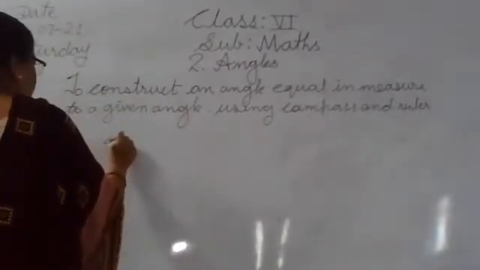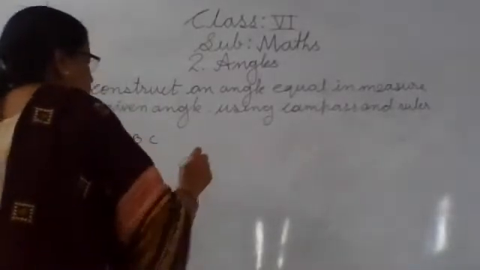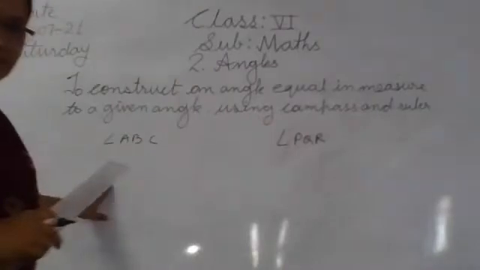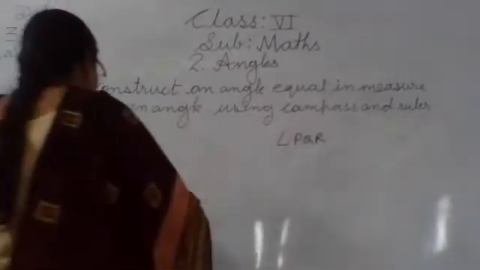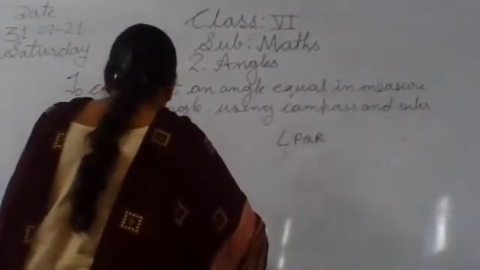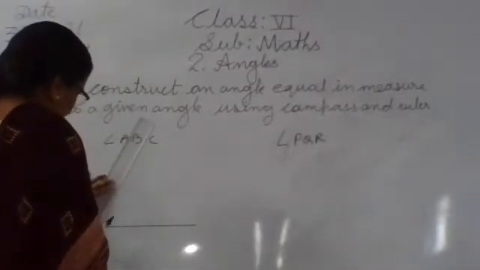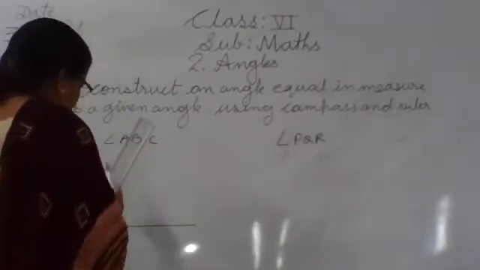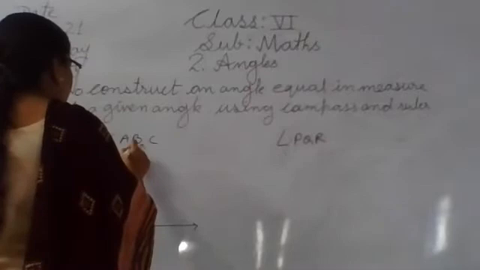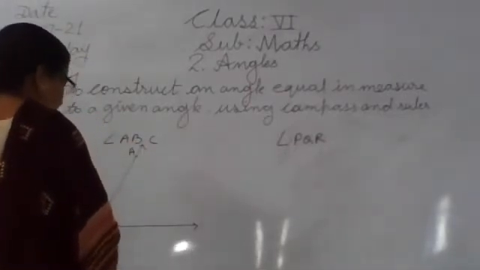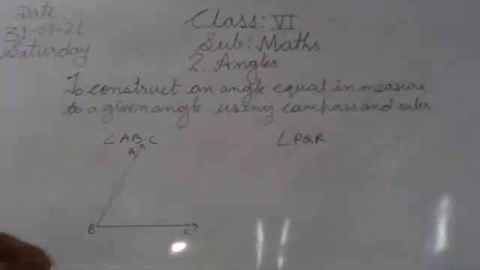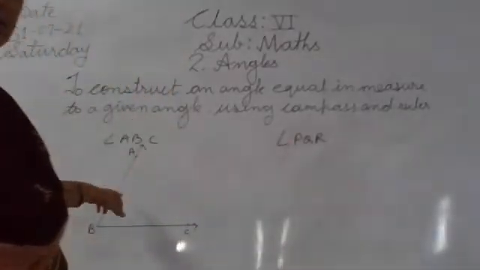See, here is angle ABC. It is given and you have to construct an angle PQR, whose measure is equal to angle ABC. Here is point A. B is the vertex of this angle and it is C. Okay, and you have to draw an angle PQR equal to ABC.